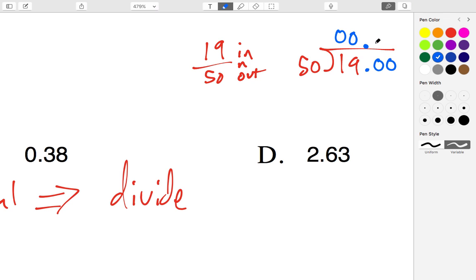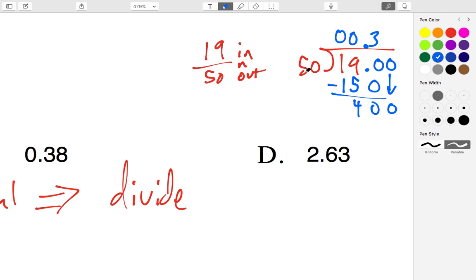How many times? 3. What is 50 times 3? Very good. 3 times 5 is 15. Tack on the 0. So this gives you 40 as your difference, and bring down your 0. 50 goes into 400.